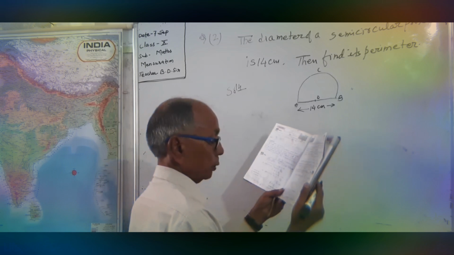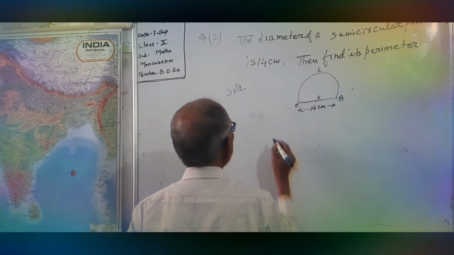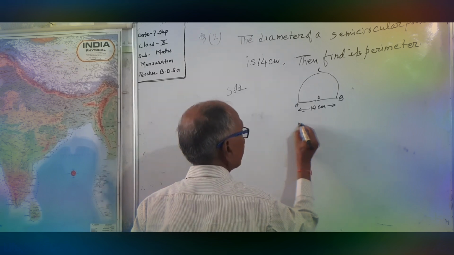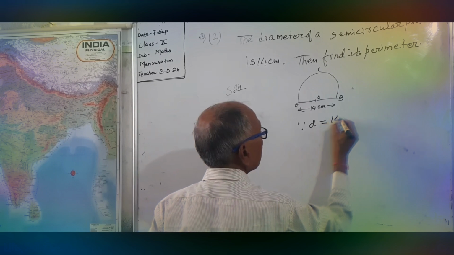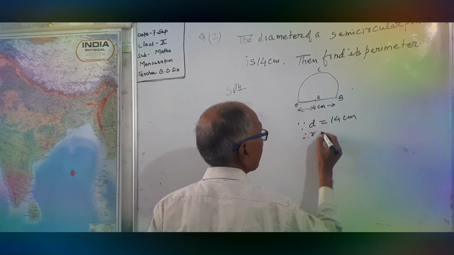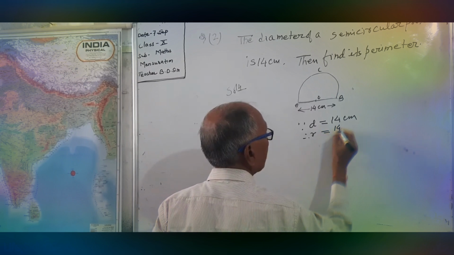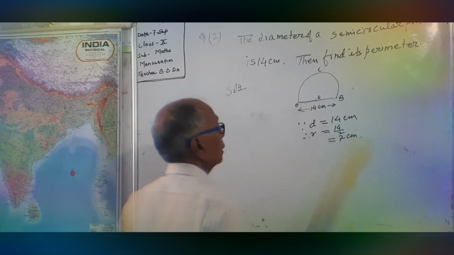Right? 14 centimeter diameter. Now, since diameter is denoted by D, 14 centimeter. Therefore, R means radius. 14 by 2 is equal to 7 centimeter.